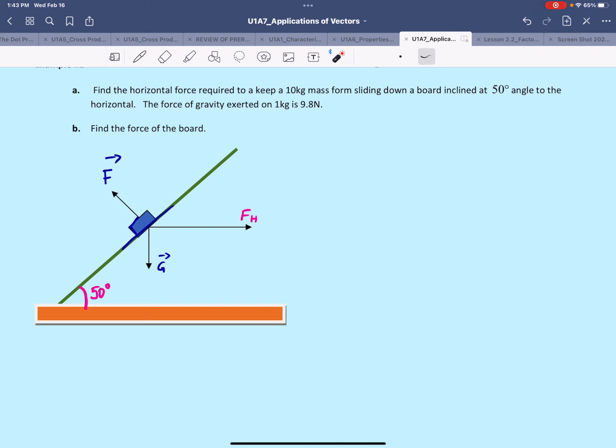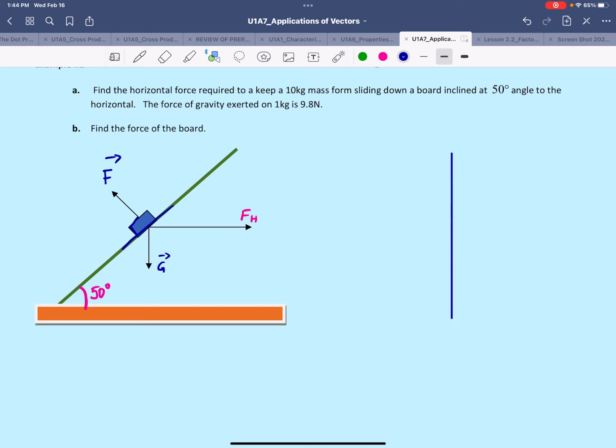Since we want to create equilibrium, it means that the forces, gravity, the force FH, and the normal force must make a triangle, an equilibrium triangle. So let's create this triangle together. Now remember that all these vectors are not to scale, right? They're just indicating the directions. So what I'm going to do is start off with the gravity vector because that's easiest to draw, because it's vertical.